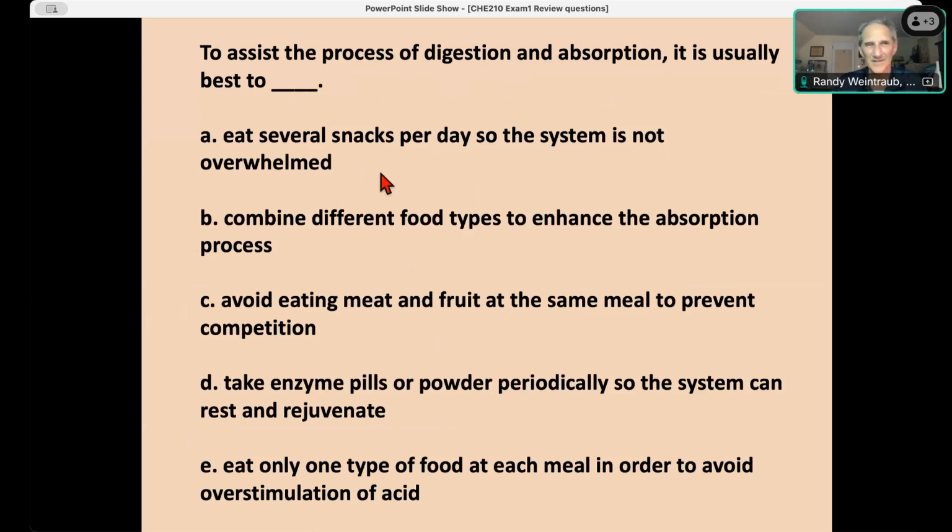Is it best to eat several snacks a day so that our system is not overwhelmed, combine different foods to enhance absorption, avoid eating meat and fruit at the same meal to prevent competition, take enzyme pills or powders periodically so that the system can rest and rejuvenate, or eat only one type of food at each meal to avoid overstimulation of acid? Some of these don't have any proof, and maybe a couple of these could be correct.